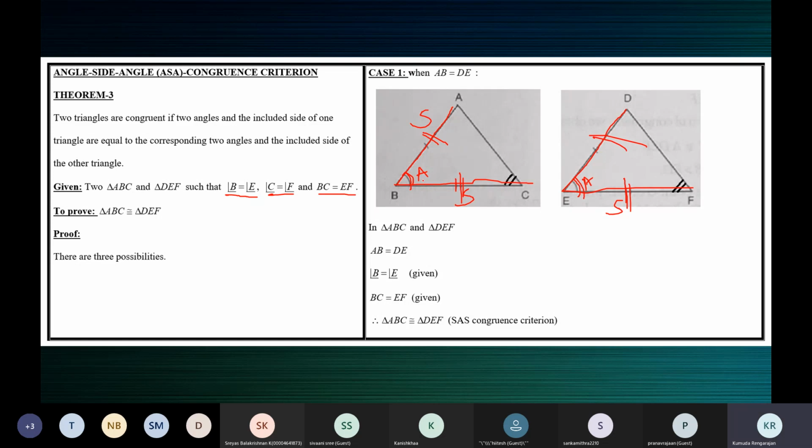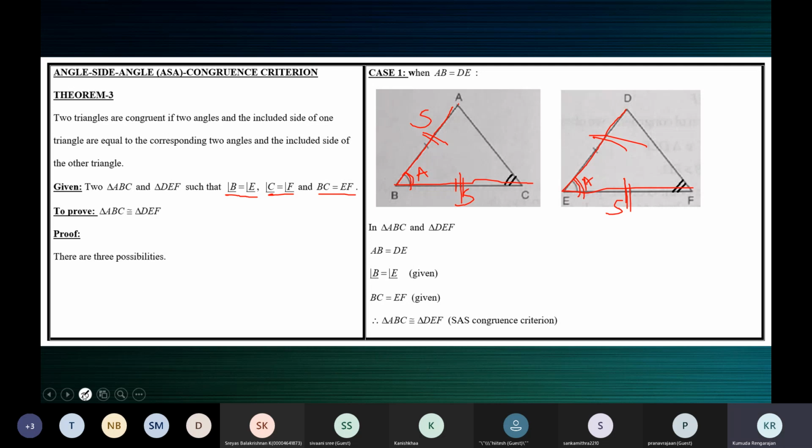To use the SAS congruence criterion and show the triangles are congruent, we need to know how AB and DE behave. Is AB less than DE, is AB equal to DE, or is AB greater than DE?